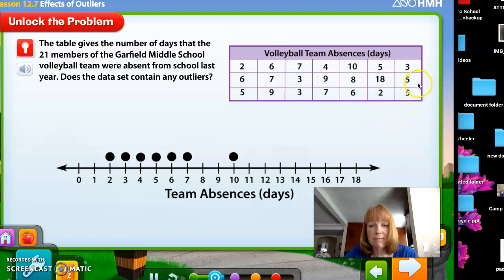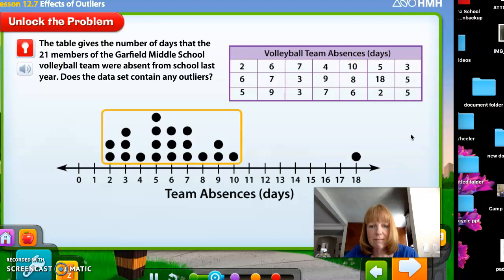Plot the second row of data found in the table. 14 of the data values are plotted on the number line. Almost done. Plot the last row of data found in the table. That's it. Now all 21 data values are plotted on the number line. Did you notice that most of the data values are between 2 and 10? What about the value that appears to be much greater than the rest of the data values? 18 is an outlier for this data set.